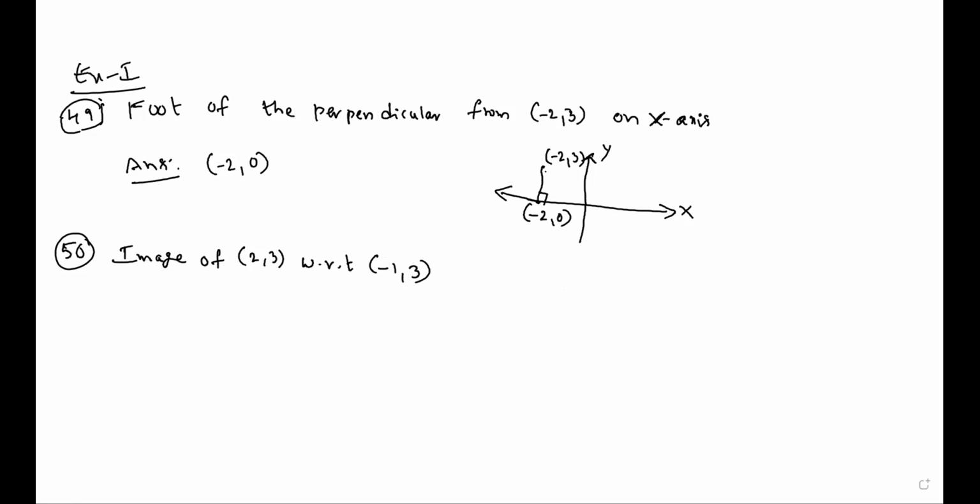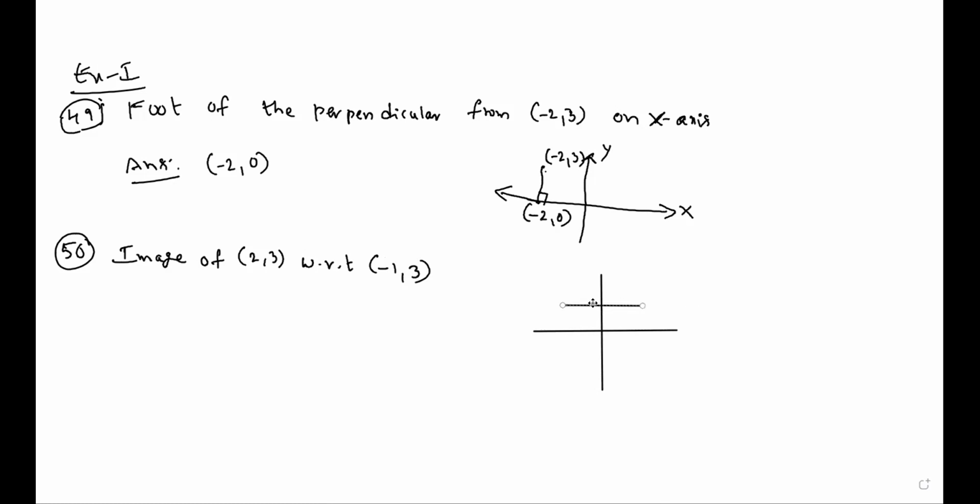For example, I'm taking an x-axis and y-axis. Here 2 comma 3 clearly lies in the first quadrant, and minus 1 comma 3 lies in the second quadrant. I'll join these two points like this.